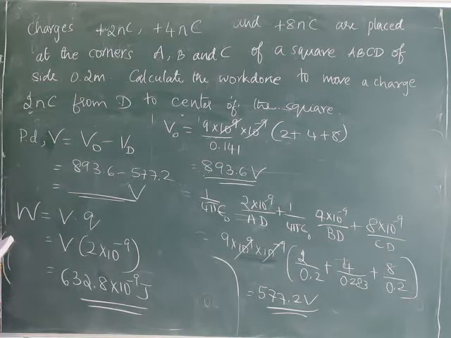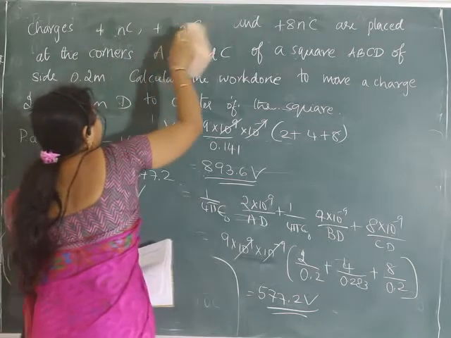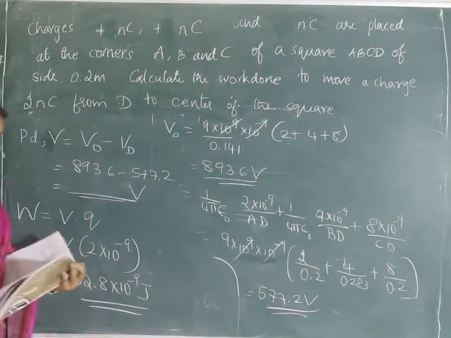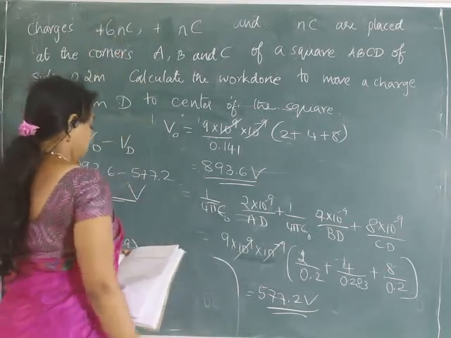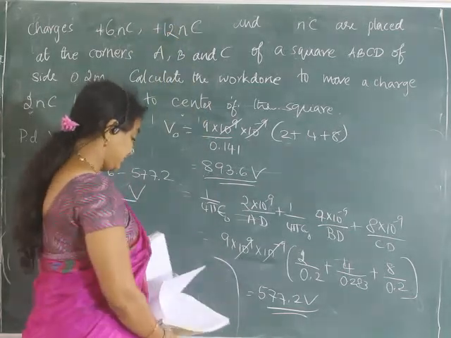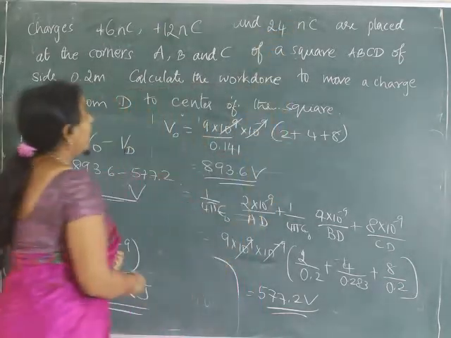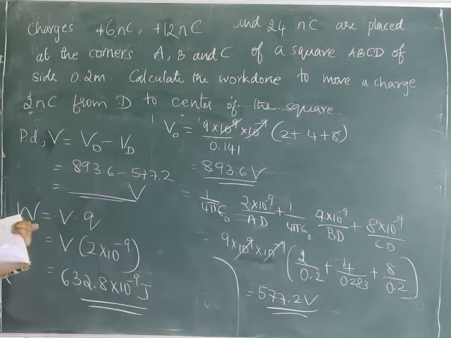Same type of problem, okay? We'll change this charge. Same question, only we will change the charge. That is 6 nanocoulomb, 12 nanocoulomb and 24 nanocoulomb are placed at the corners A, B, C of a square ABCD of side 0.2 meter.